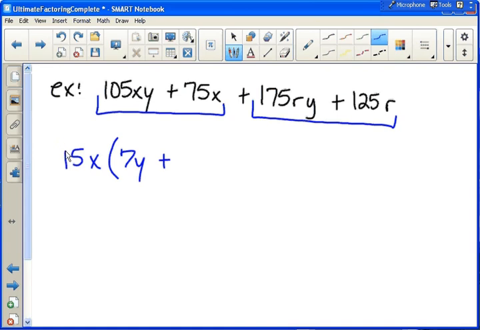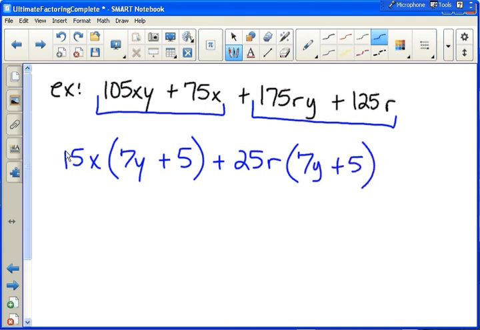Okay, then 175 and 25 both have 25 in common. Both those terms also have an r in common. That leaves me with 7y plus 5. So, since both of these have 7y plus 5 in common, I can factor 7y plus 5 out, put it out front. And that leaves me with 15x plus 25r.